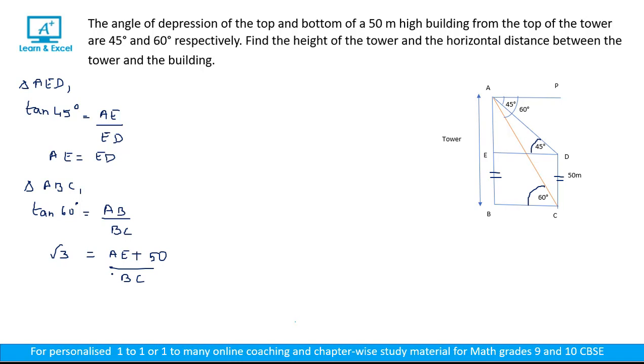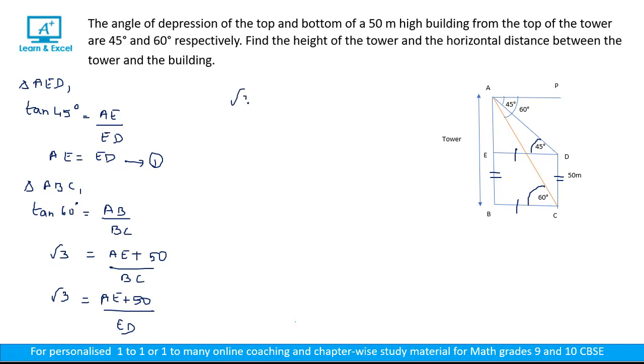Now we have two variables over here, AE and BC. We will have to make this one variable so that we can solve the equation. So let us write root 3 equal to AE plus 50 upon BC, and BC we can also write as ED. Now from equation 1, we know that AE is equal to ED.